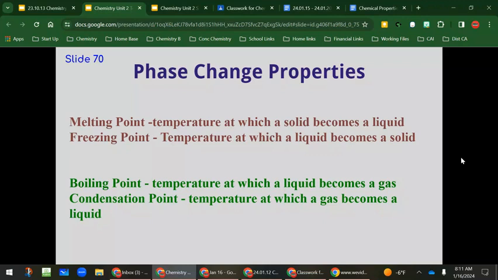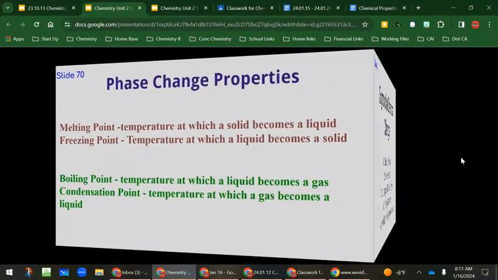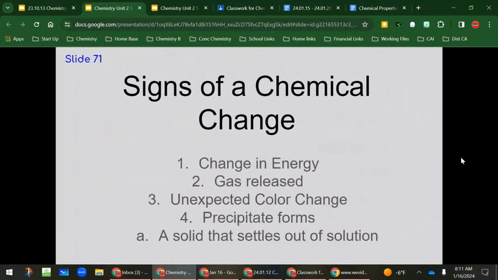So that is the physical change property, or the phase change property. And then we finished with this last week when we were doing our lab: signs of a chemical change. Change in energy, a gas being released, unexpected color change, precipitate forms.